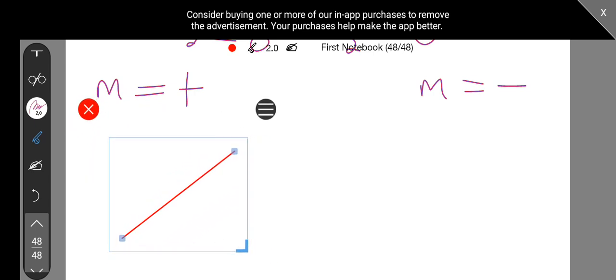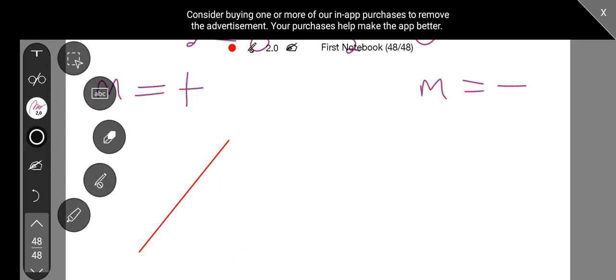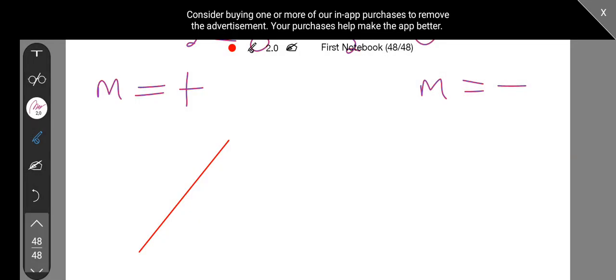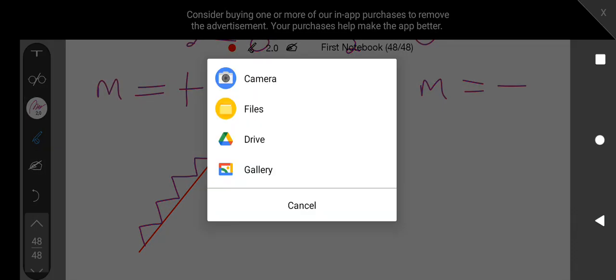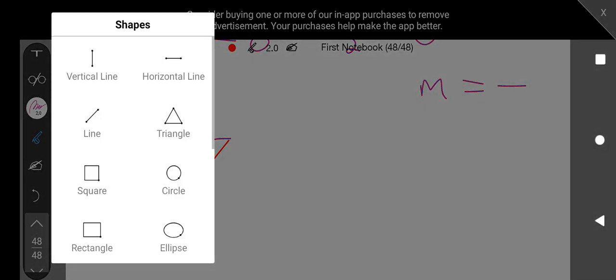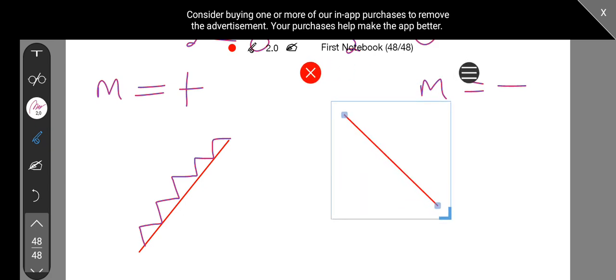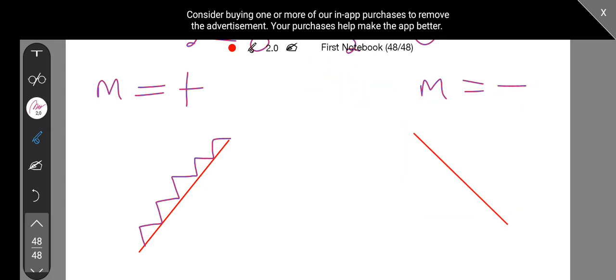You take it as if a person is climbing a step ladder. But what if the gradient is negative? It's a different case. This time it is a decreasing function, as if a person is descending down the stairs. I hope you understand this.